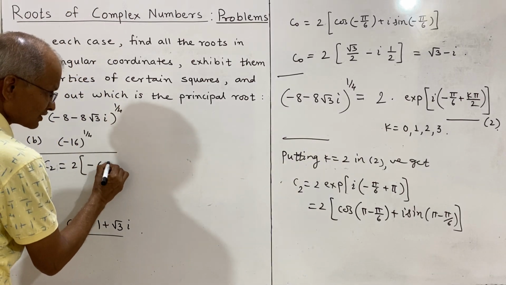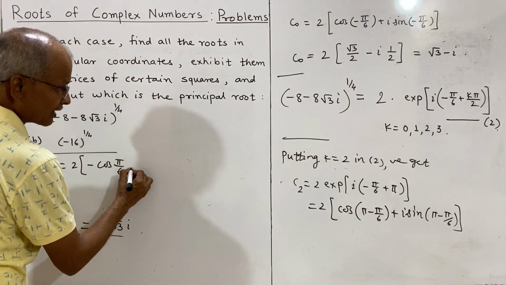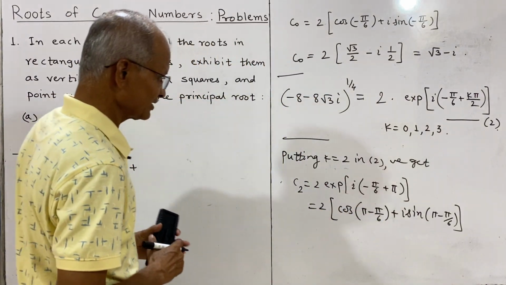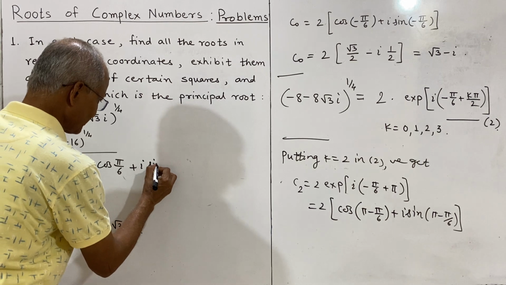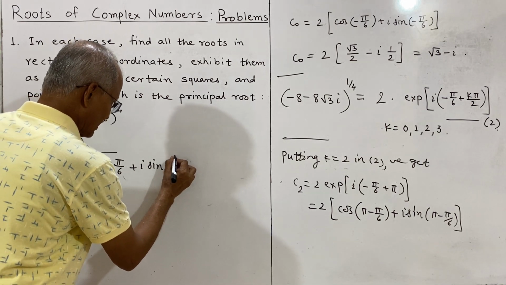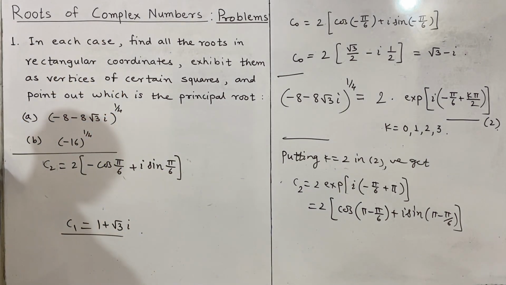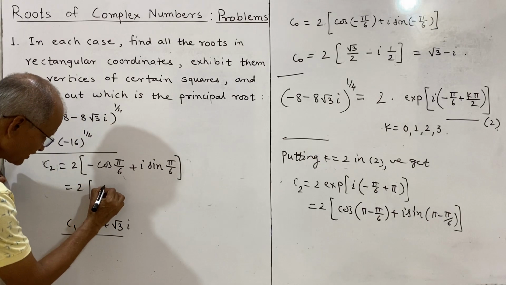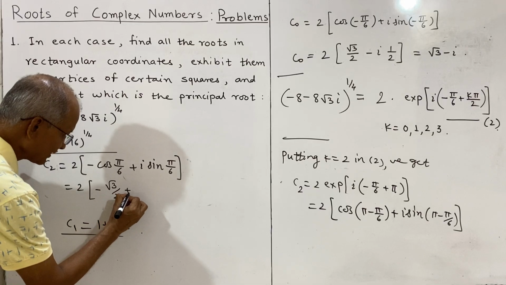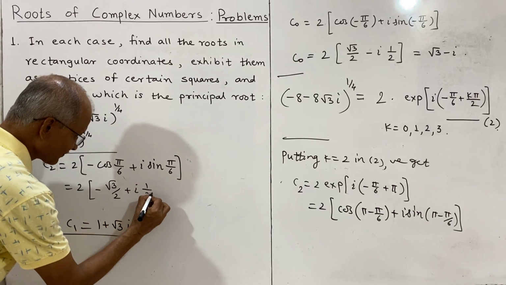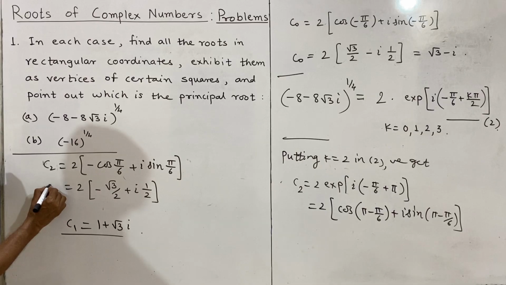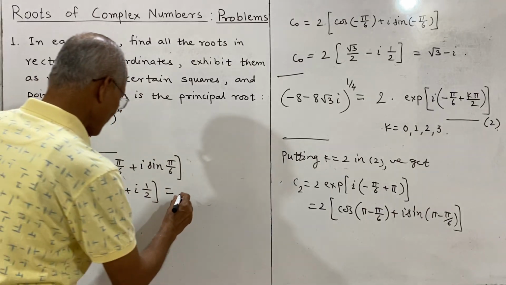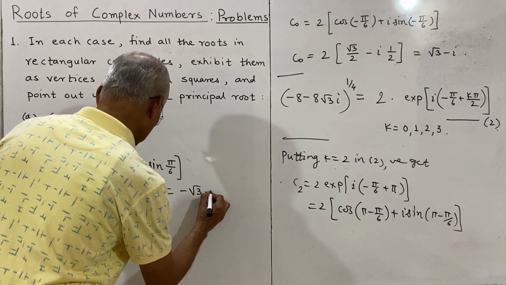So minus cos pi by 6, and plus, in the second quadrant sine is positive, and sine remains sine pi by 6. And pi by 6 is 30 degrees, and therefore this is minus cos 30, which is root 3 by 2, and sine 30 is 1 by 2. This 2 cancels with this one, and therefore C2 is minus root 3 plus I.